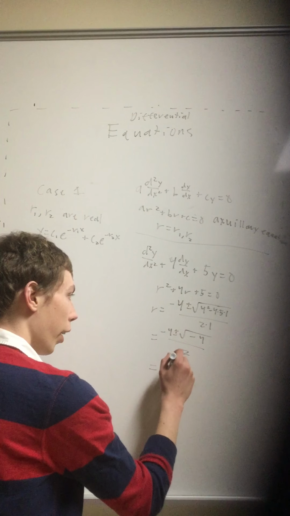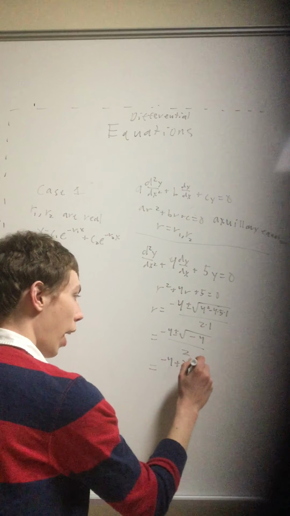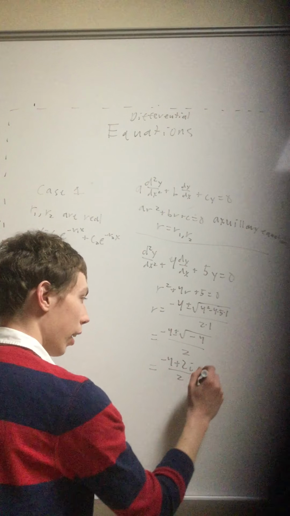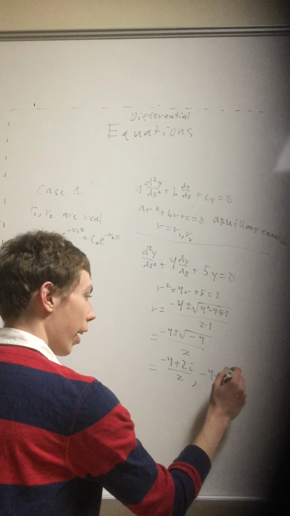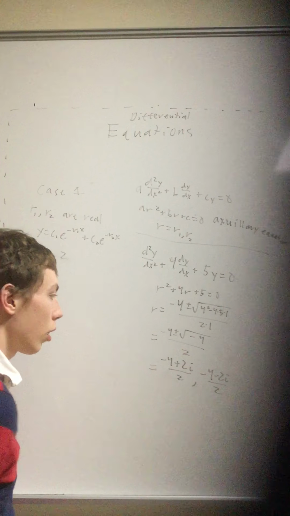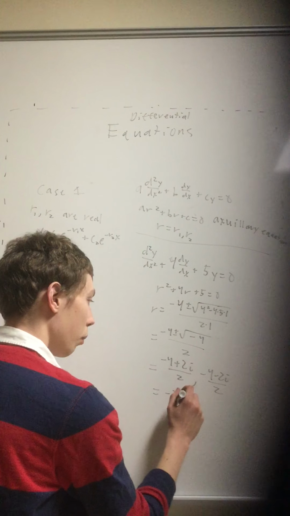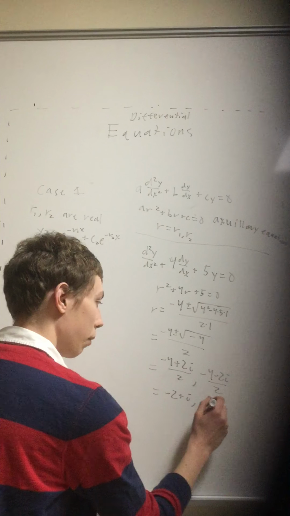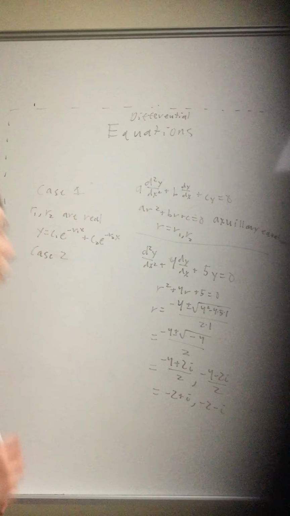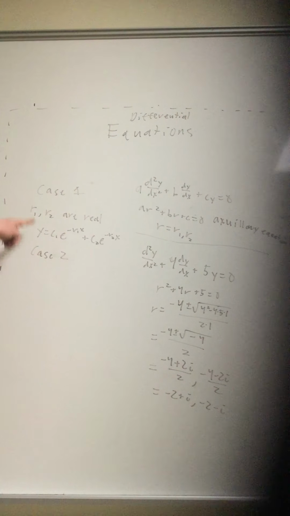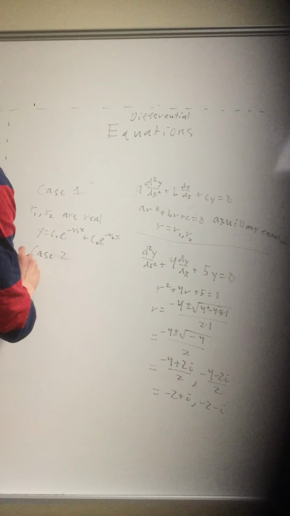So, this is negative 4 plus 2i over 2 and negative 4 minus 2i over 2, which is just equal to negative 2 plus i, negative 2 minus i. So we got complex solutions. That's a pretty different case.